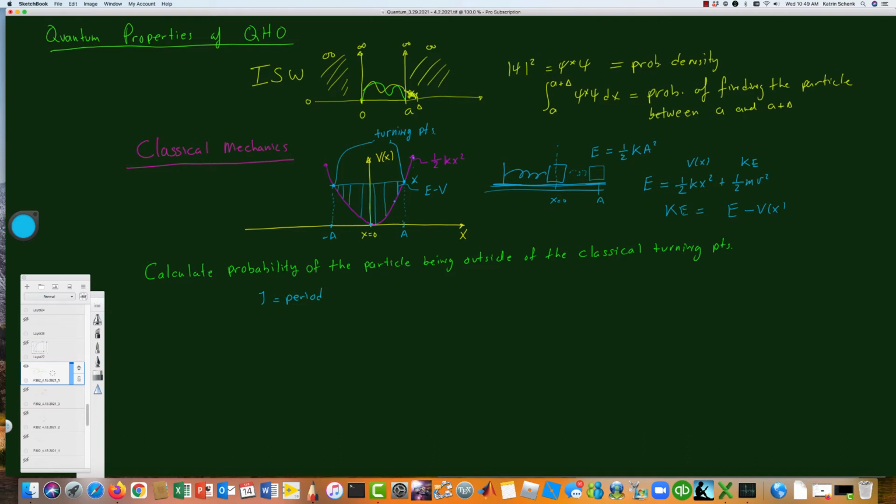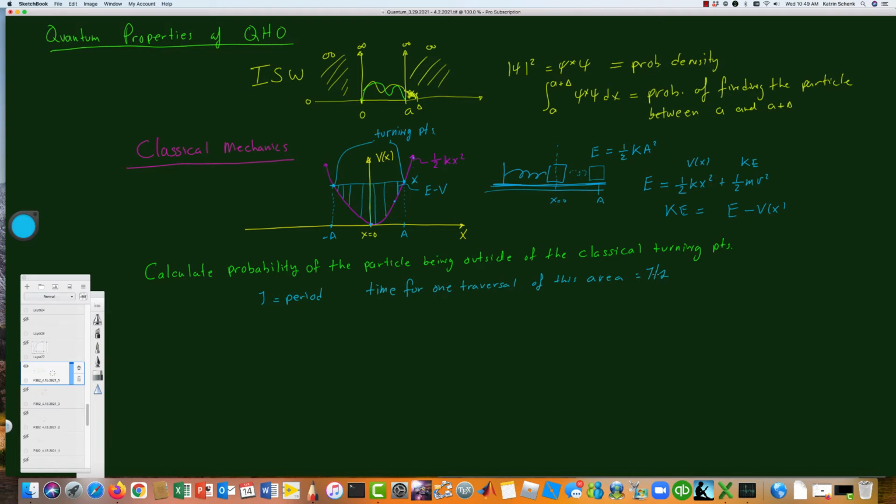That's one period. So the time for one traversal of this area between minus a and a is going to be tau over 2, right?